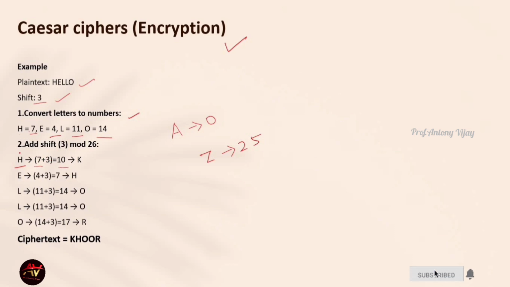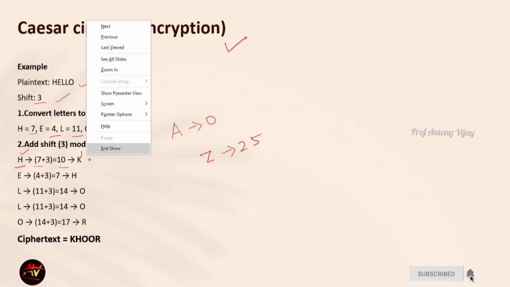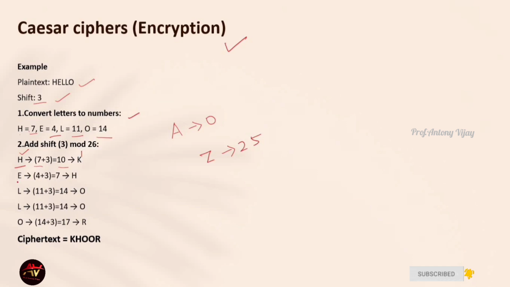So instead of H, we are replacing with K. Likewise for E, we are adding 4 with 3, so we get 7, so E will be replaced with H. For L, the value is 11, so we add 3, which is 14, so it will be O. The same for the other L. And for O, the value of O is 14 plus 3, which is 17. Finally we got R. So right now we have the ciphertext KHOOR. This is what is called the ciphertext.